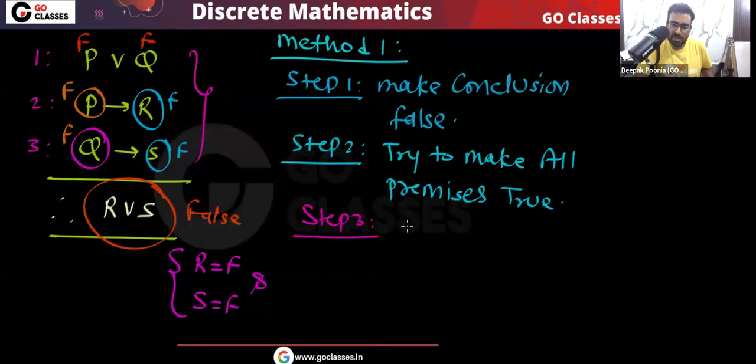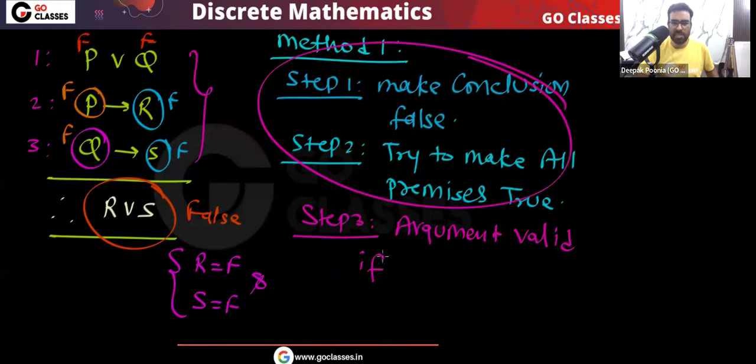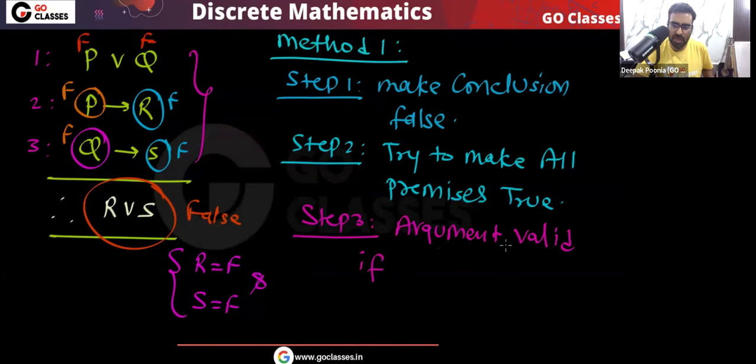So what is step number 3? Step number 3 is: argument is valid if step 1 and step 2 are simultaneously not possible.